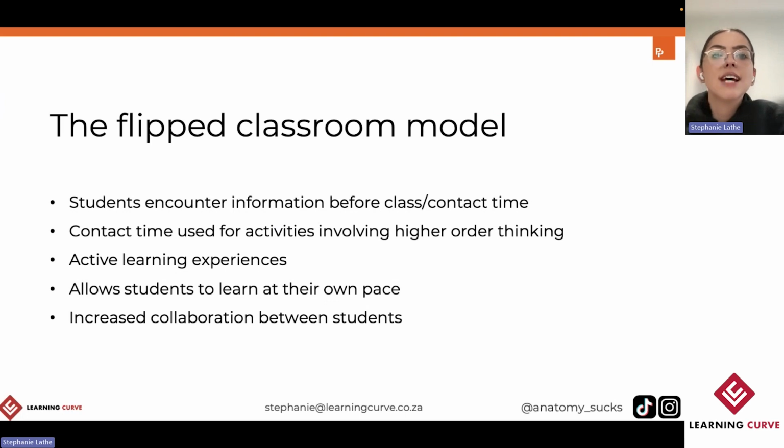And this allows for students to, number one, collaborate with each other, and number two, to have active learning experiences. And it also allows students to take learning at their own pace. So if they encounter and work through the information before contact time, they can do that at their own pace, and then they can use the precious contact teaching time for collaboration and deeper thinking.